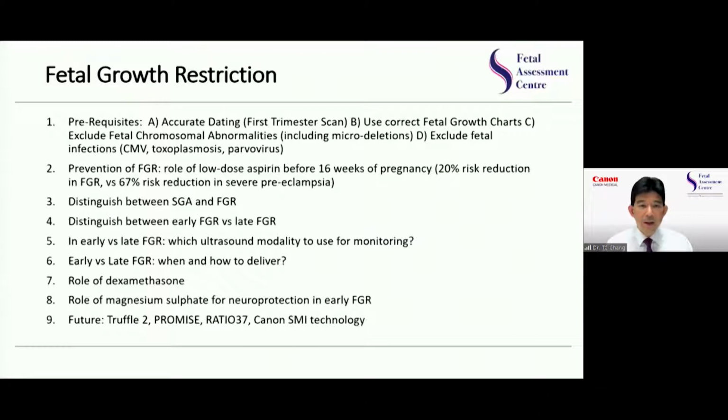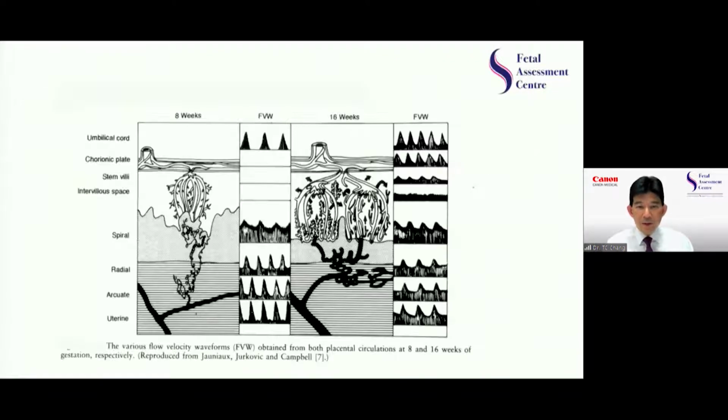So I think the premise of fetal growth restriction is based upon the assumption that the pathology happens before week 16. And this is the primary pathology that we are looking at here in this particular diagram, where we assume that when there is a healthy second wave of the trophoblastic invasion of the spiral arteries at or by 16 weeks of gestation, we then have very healthy placental function.